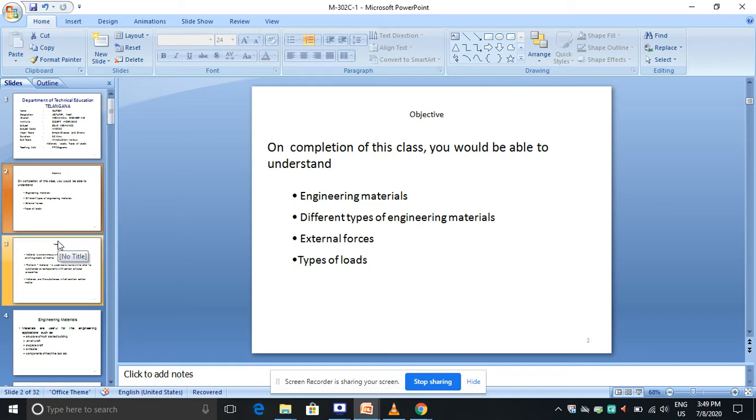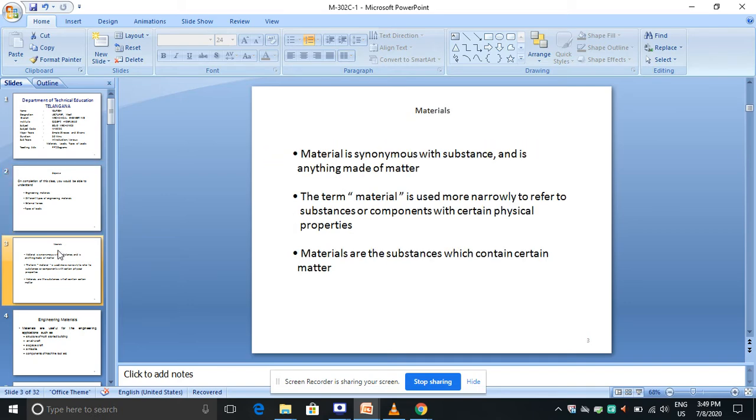In this e-lesson, after completion of this class, you will be able to understand what engineering materials are, the different types of engineering materials, what external forces are acting, and also the different types of loads. First, material.